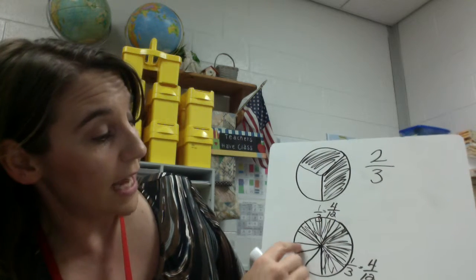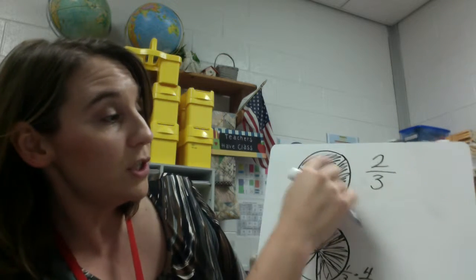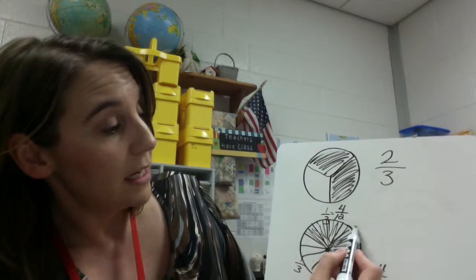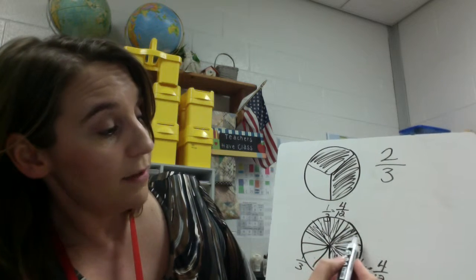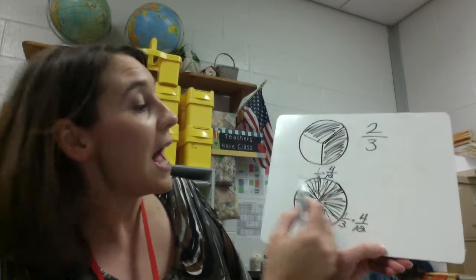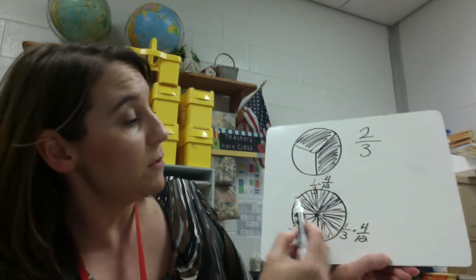And then we've got another 4/12 right there. But to show 2/3, I'm only going to shade in 4/12 and 4/12. So now I have how many twelfths is equivalent to 2/3.